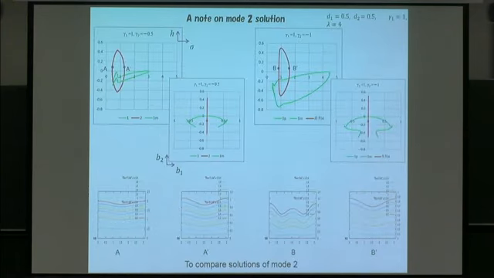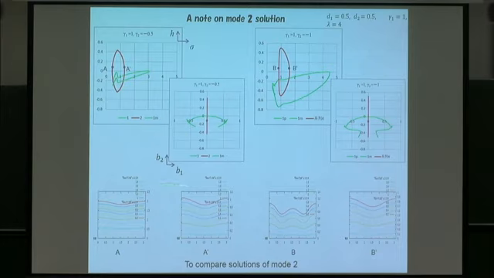This figure shows a note on the mode 2 solution. In the left diagrams, the mode 2 branch, the red curve, emanates from a trivial solution and joins a trivial solution again, and the wave profiles of the solutions at the points A and A prime are like this.